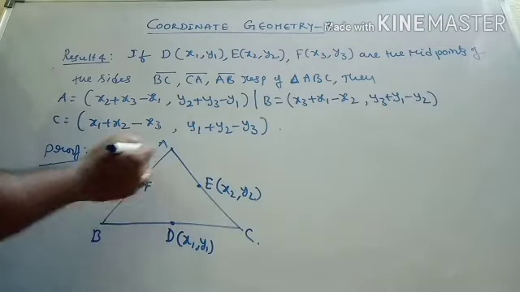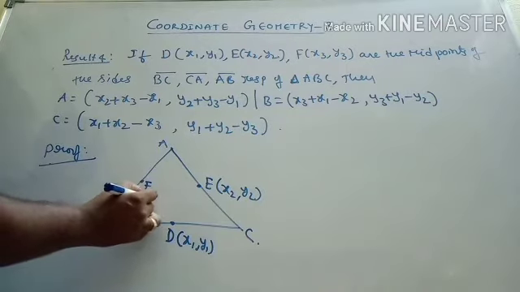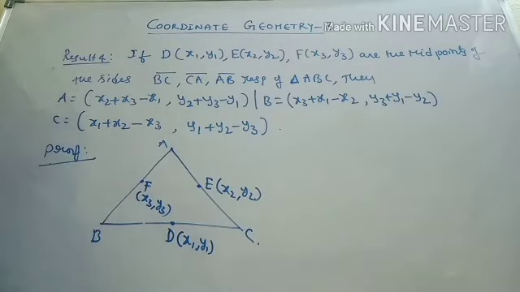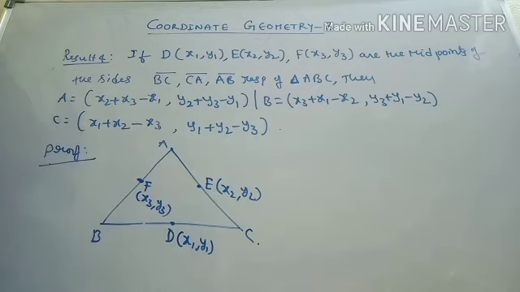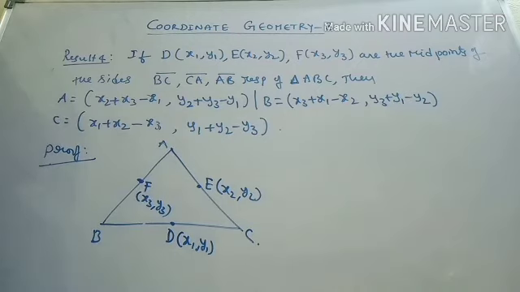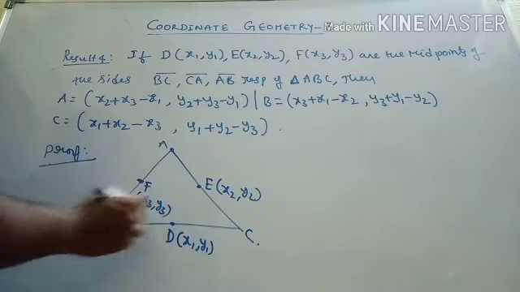F is the midpoint of AB, that is (x3, y3). This is the information given to us. Now we have to get the vertices A, B and C. Observe, my dear students, how we are going to get them.